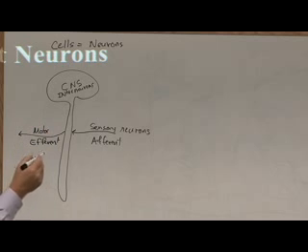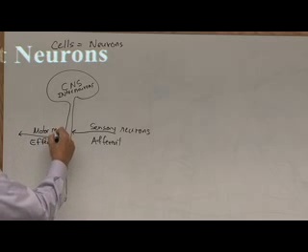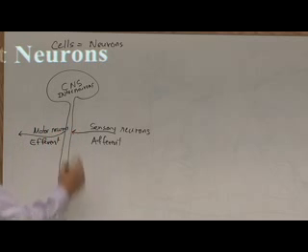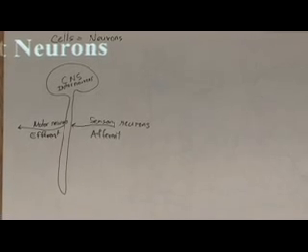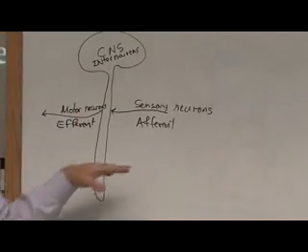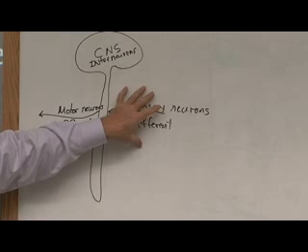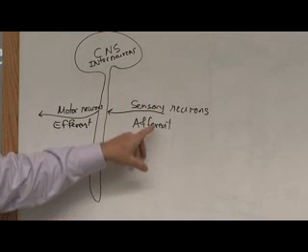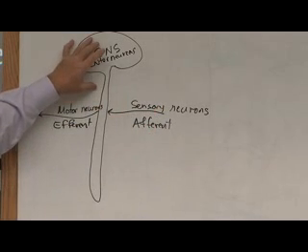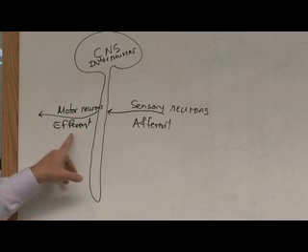The neurons that carry that information are called motor neurons. So we create a loop where sensory information comes in via sensory neurons, interneurons in the central nervous system interpret and make decisions about the incoming impulses, and then send signals back via motor neurons.